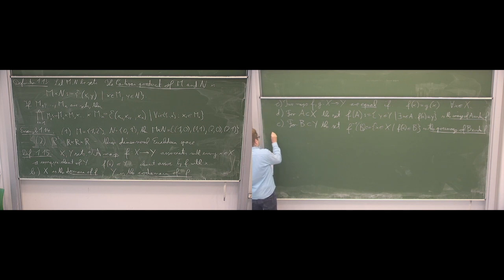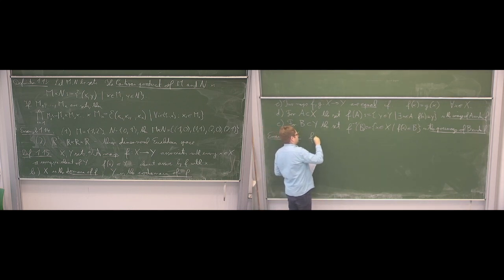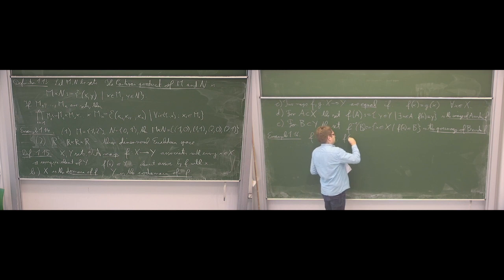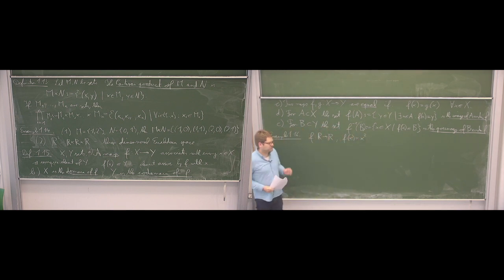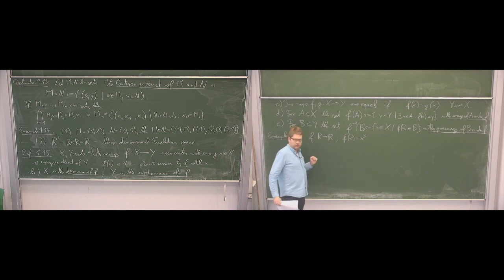Okay, very simple examples of maps. An example you've already seen in high school would be a map which goes from the real numbers to the real numbers, again assuming that we already know what this is. f of x is x squared. This would be an example of a real function, a polynomial.